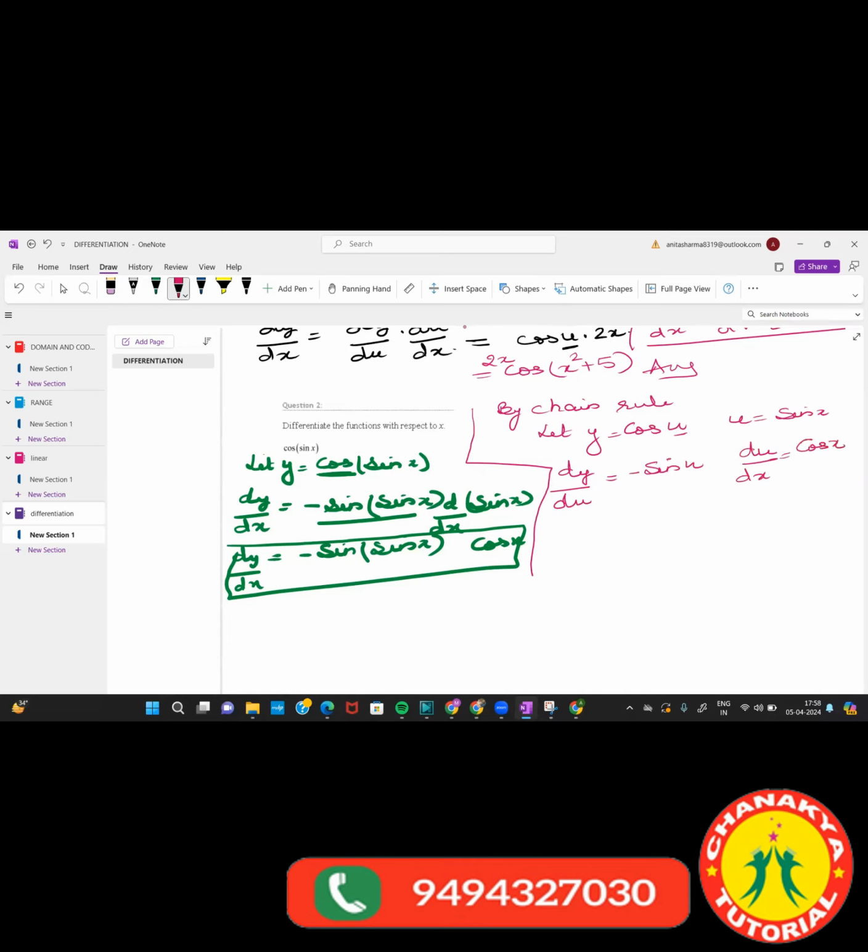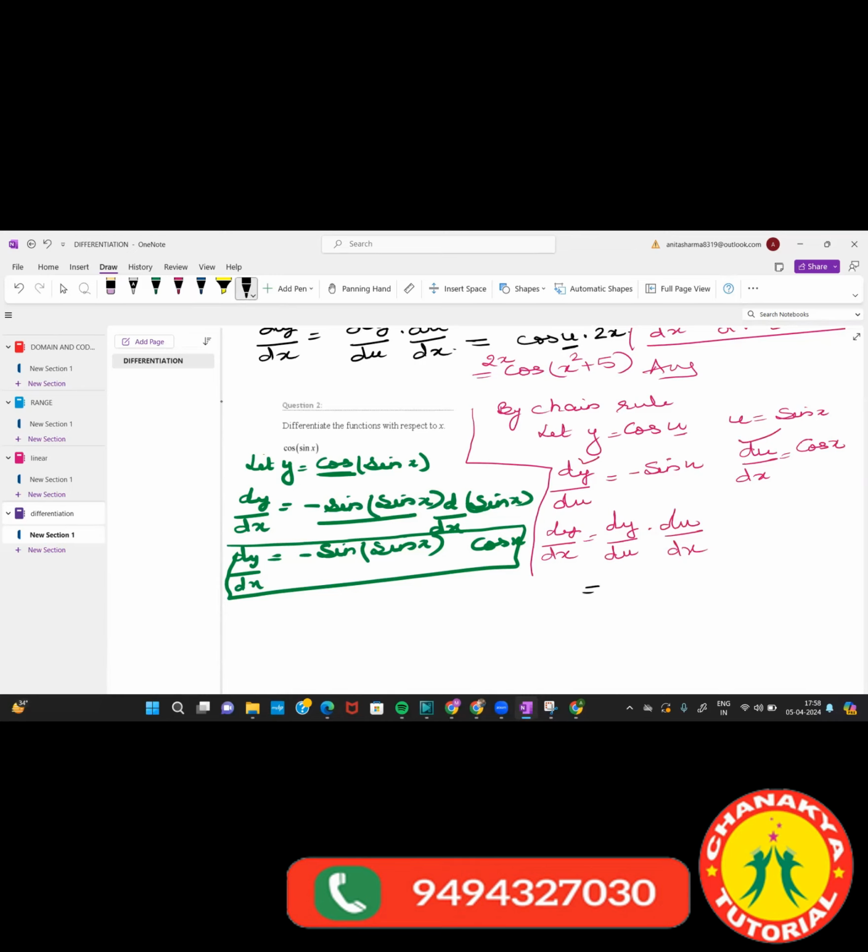Now our next step will be, we have to find dy by dx. So what will you write here? dy by du dot du by dx. You will write both the differentiations.